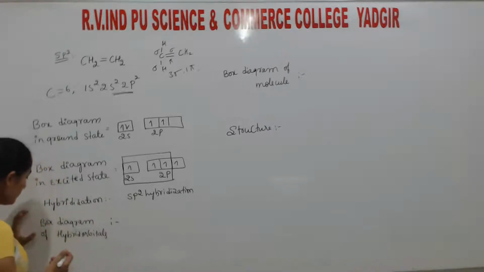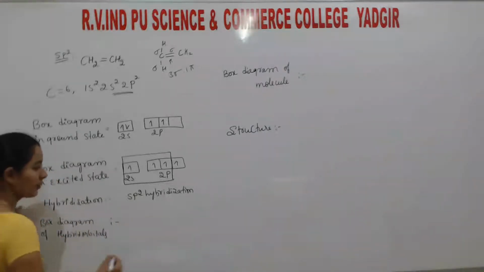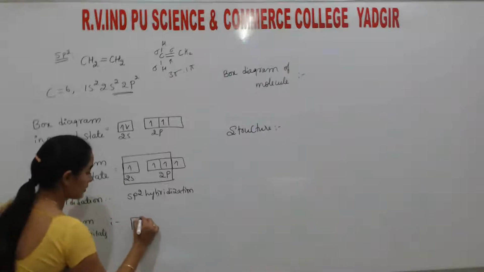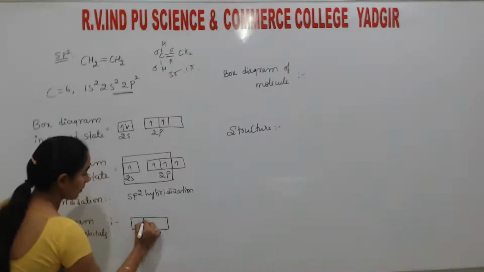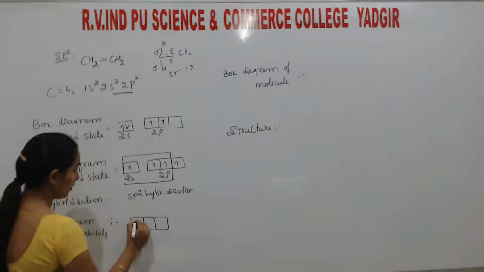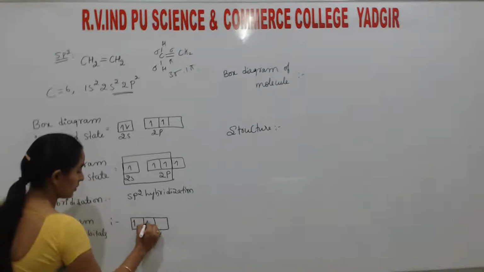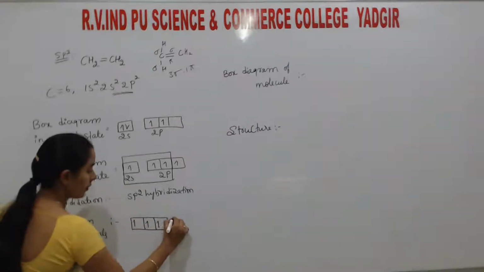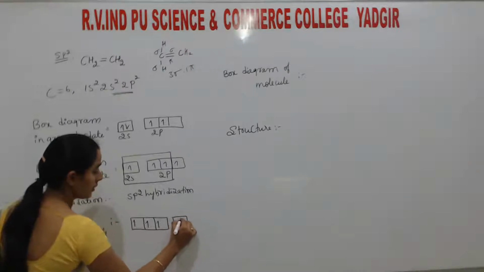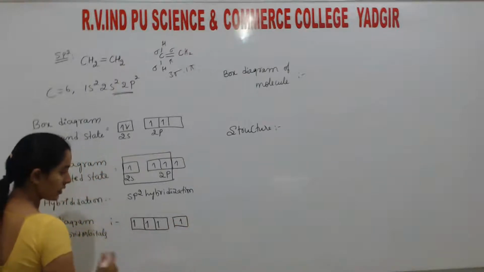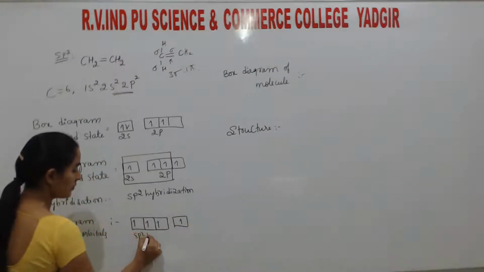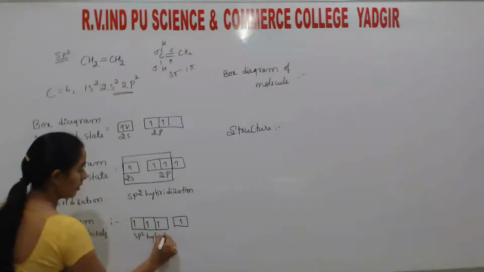Next, the box diagram of hybridization. So this is the box diagram. This is the hybrid orbitals, and this is the separate p orbital. These are the sp2 hybrid orbitals.